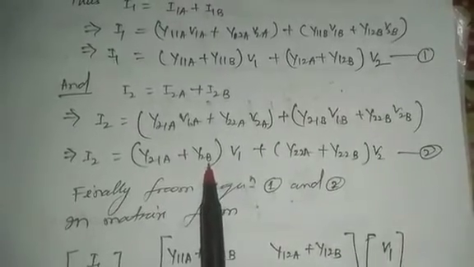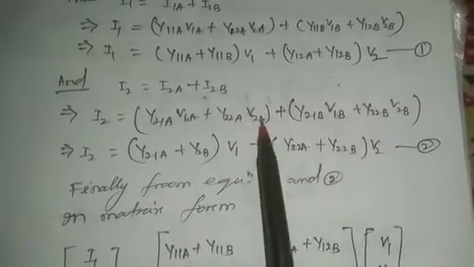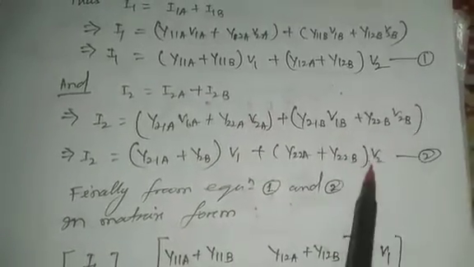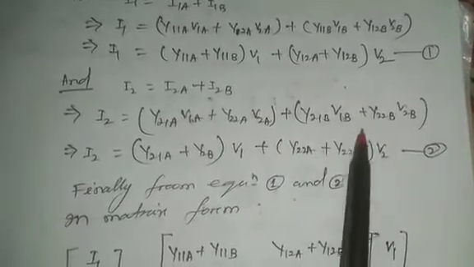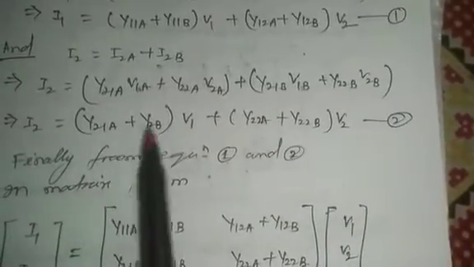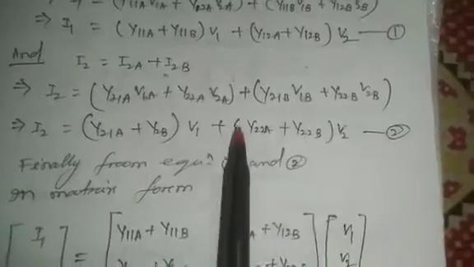Similarly, if you take V2 common, since V2A and V2B are equal to V2, from this equation y22A and from this equation y22B, you get equation number 2: I2 is equal to (y21A plus y21B) into V1 plus (y22A plus y22B) into V2.